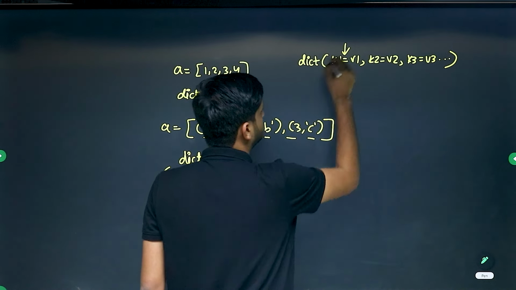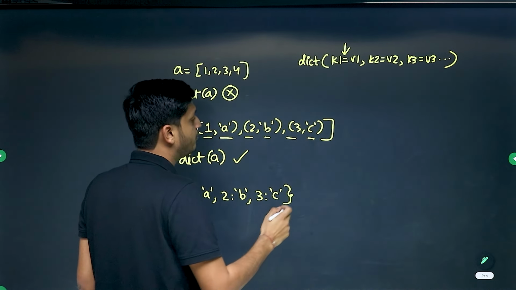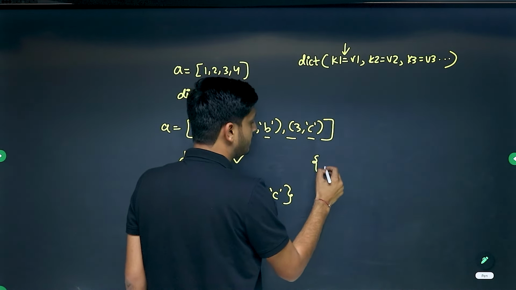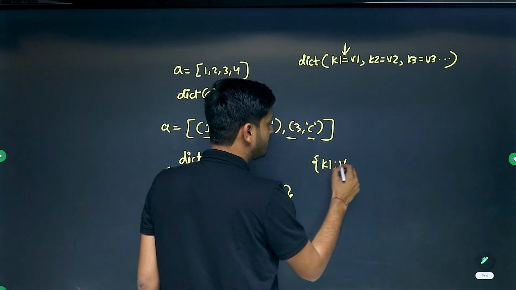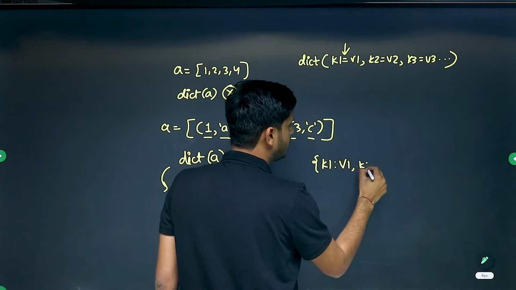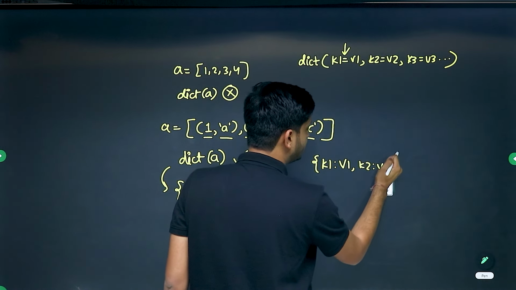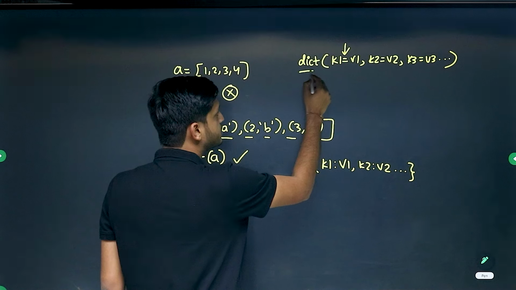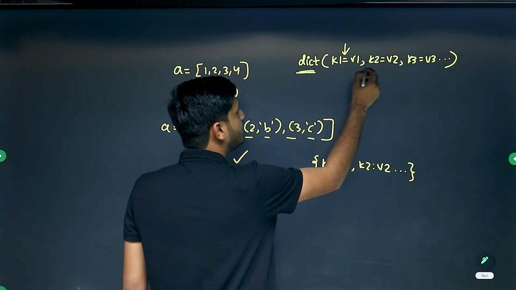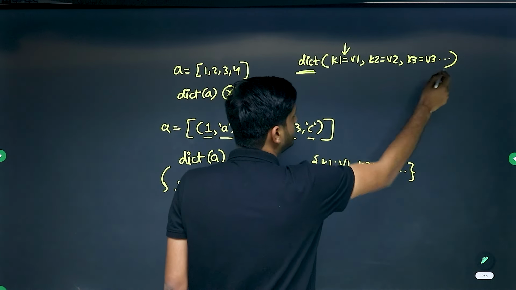So here we have equal to. Okay, so don't get confused when you are creating a dictionary using curly brackets. Here we write key1 colon v1, key2 colon v2, like that, right? But if you're doing it using the dict constructor, then you have to write key1 equal to v1, key2 equal to v2, and so on.